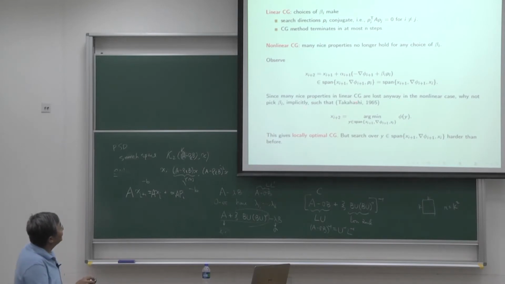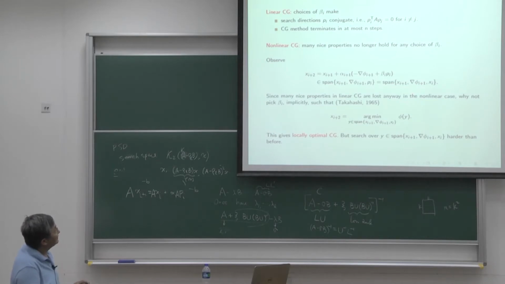So in 1965, Takahashi noticed that if you look at x_{i+2}, which equals x_{i+1} plus a scalar times p_{i+1}, and you plug p_{i+1} in, this is in the space of three vectors. Using the residual, p_i can be replaced in terms of x_i. So x_{i+2} is in the space spanned by these three vectors.